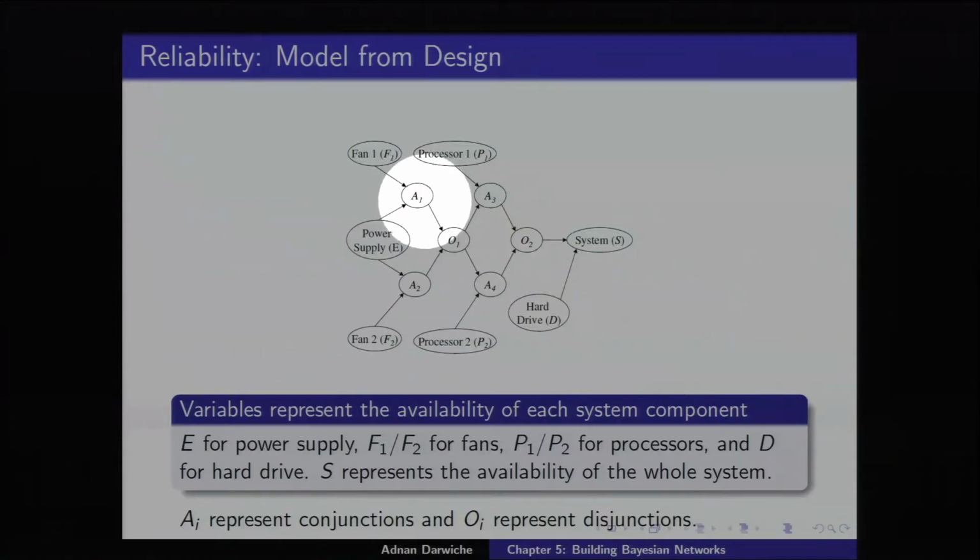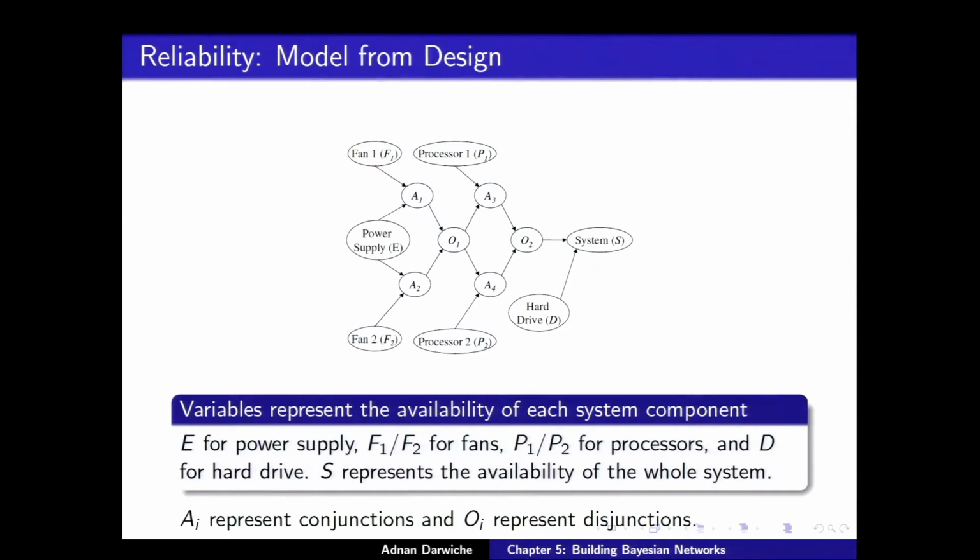So this is true if and only if both of these guys are available, right? And then I have the OR, which is true if and only if one of these is true, and so on. Actually, this guy here is an AND node, representing the whole system, which says the system is available, or true, if and only if this is true and that is available, right? That's basically the overall network structure.